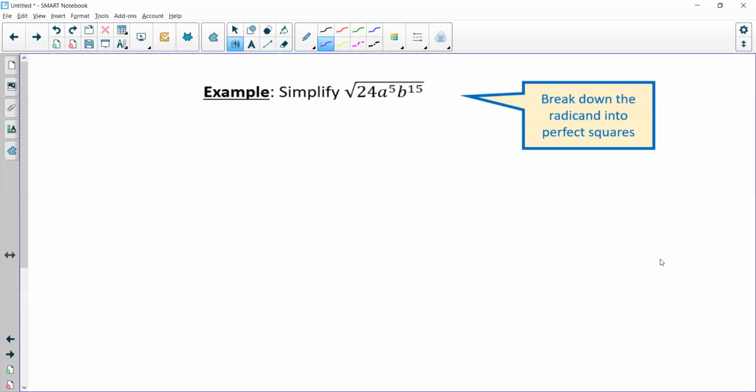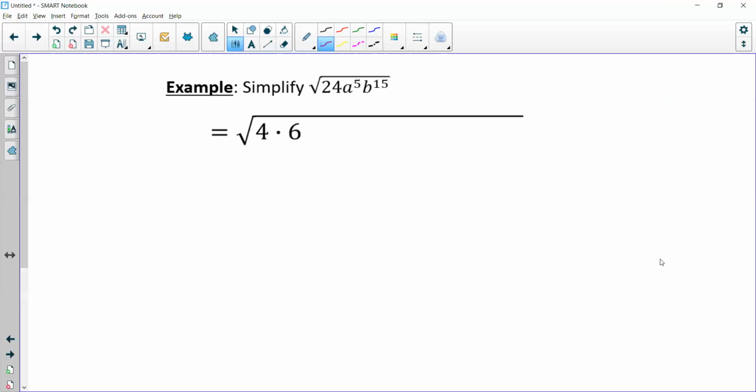All right, next up. How will we break this down into perfect squares? Well, the first thing we'll do is express the 24 as 4 times 6. Now notice that I did 4 times 6.